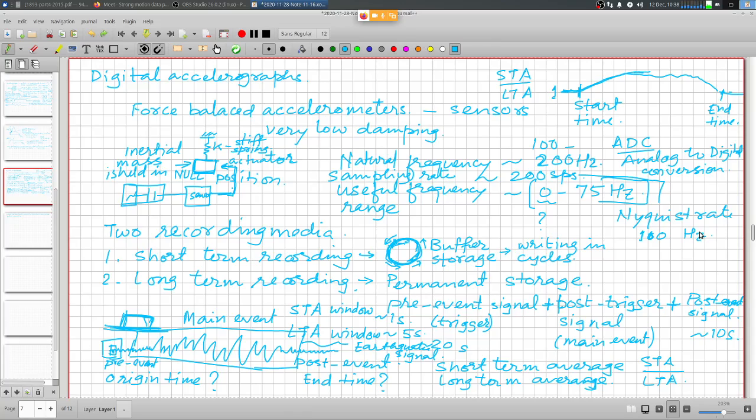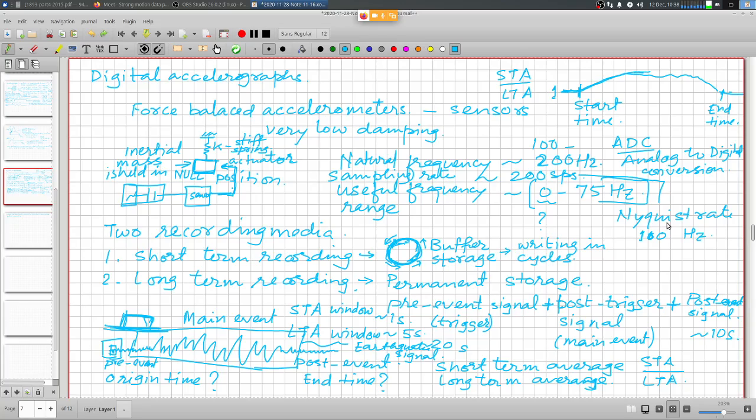It is an endless, open-ended frequency range. So if I sample at 200 samples per second, only 100 hertz can be resolved theoretically. So what happens to frequencies above 100 hertz?